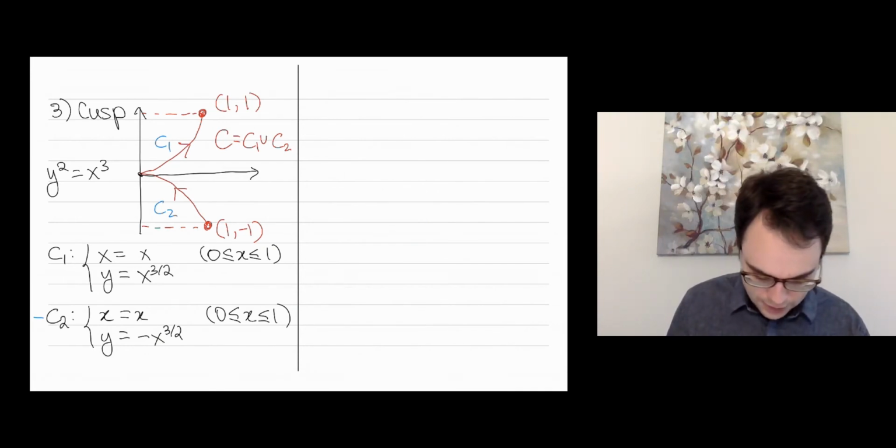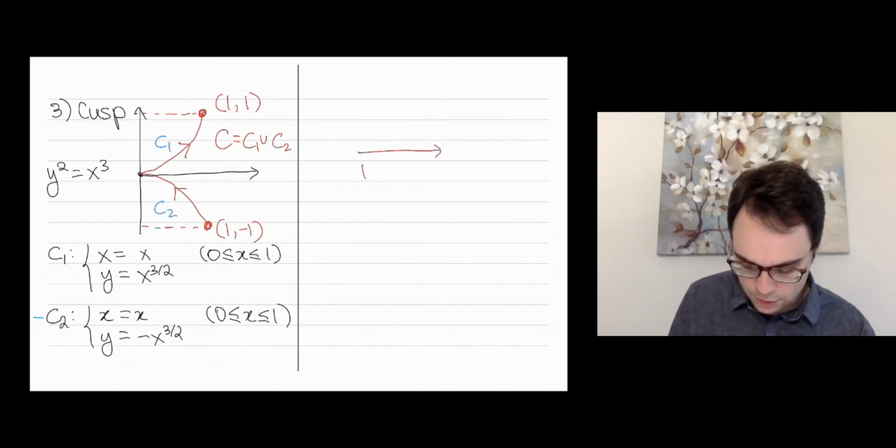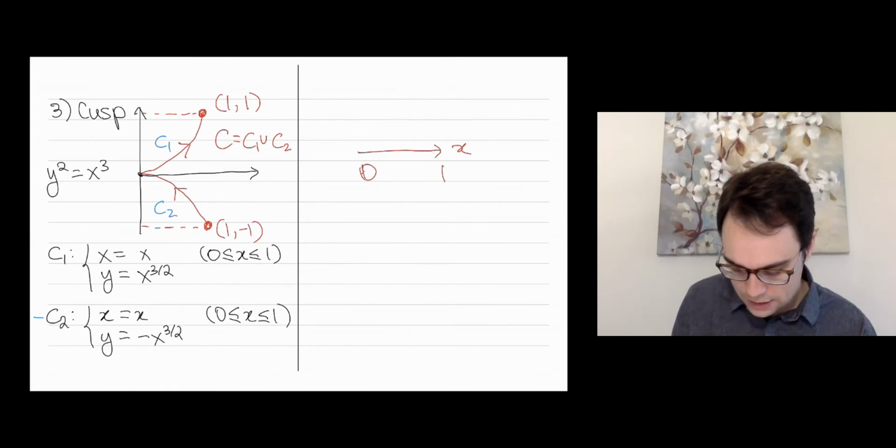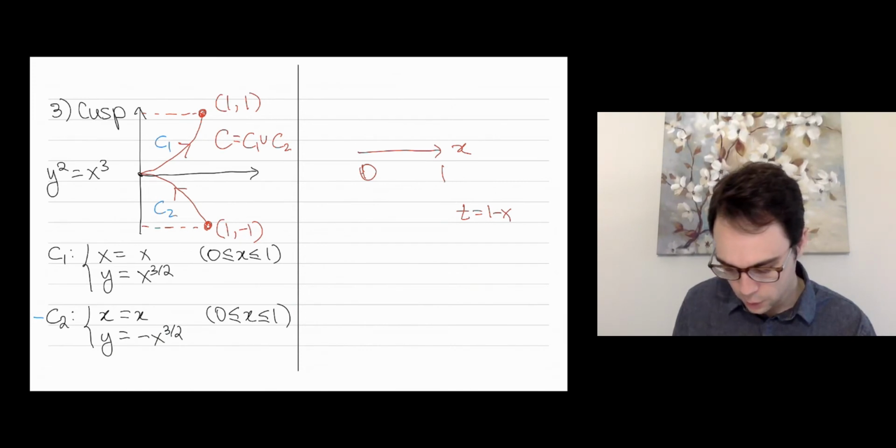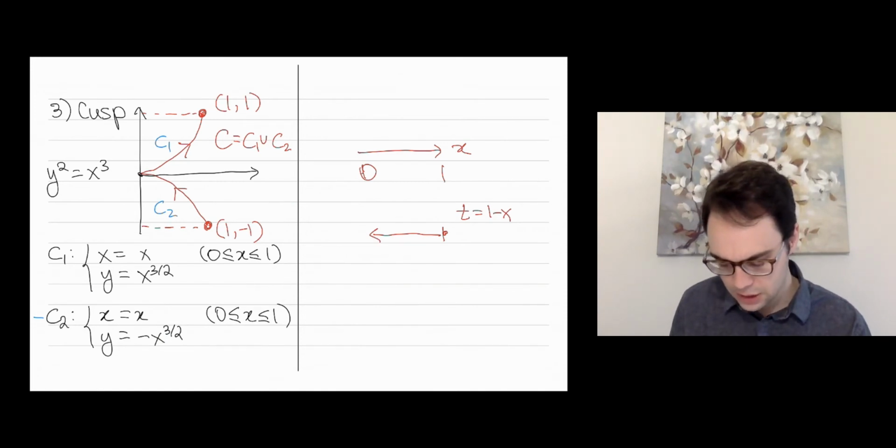Let t be 1 minus x. Look at what happens: when x is 0, t starts at 1, and as x increases, t decreases and stops at 0.